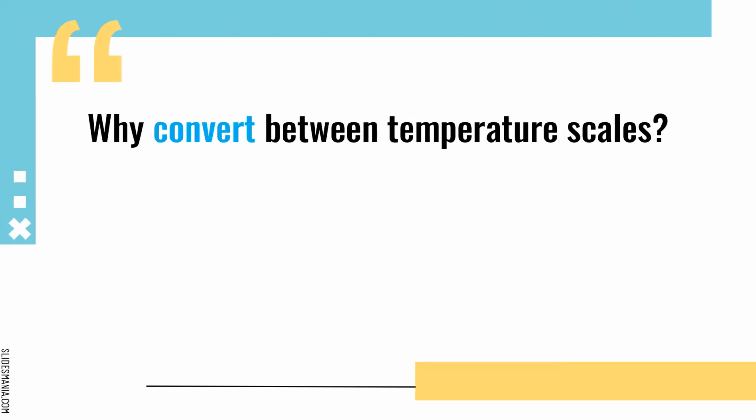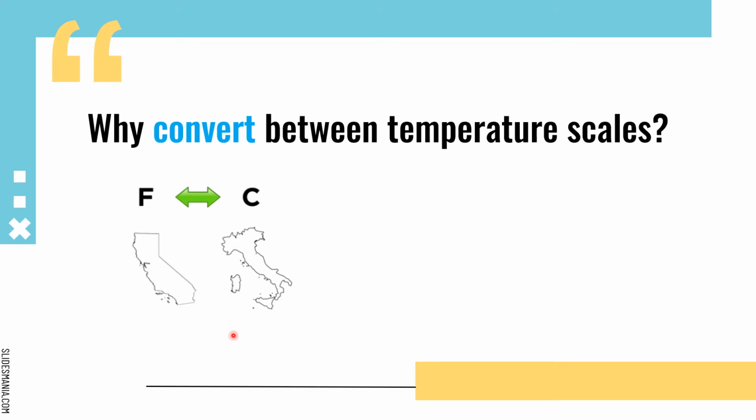Going back to the question I gave you previously: why do we need to convert between temperature scales? It is important that we know how to convert from one temperature scale, or unit of temperature, to another. First, we could tell which is hotter or which is colder, whether this country which uses Fahrenheit or this country which uses Celsius.